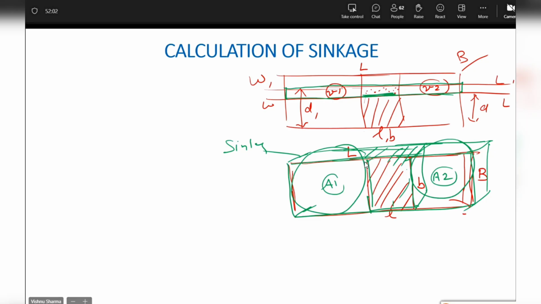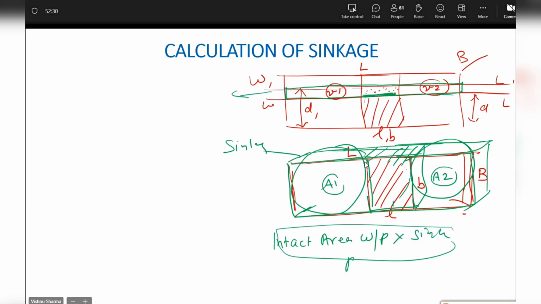Does the 3D view give you some idea now about the volume that we are talking about? Yes, sir. What I am saying is, if I have the intact area of the water plane, because my water plane represents the page of the book, and if I multiply by the sinkage, will I get the regained buoyancy?